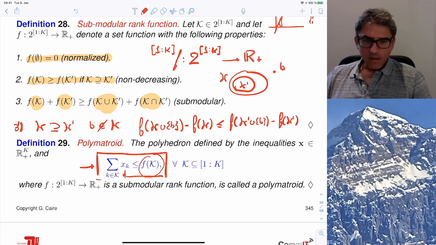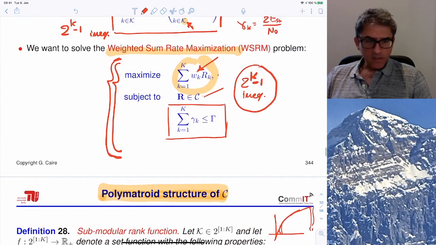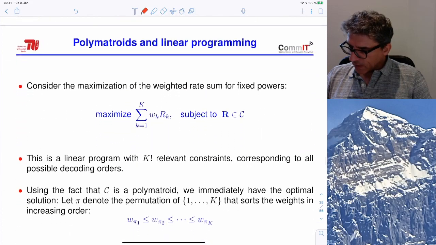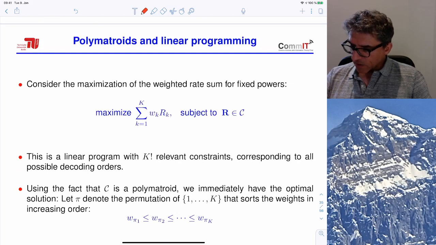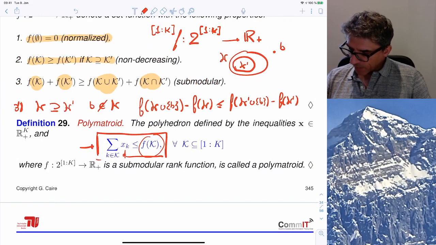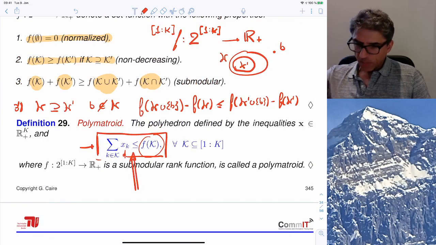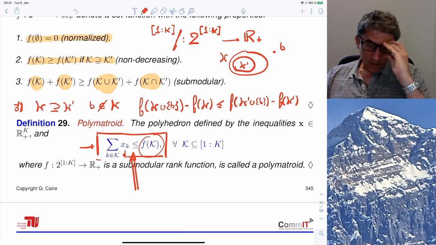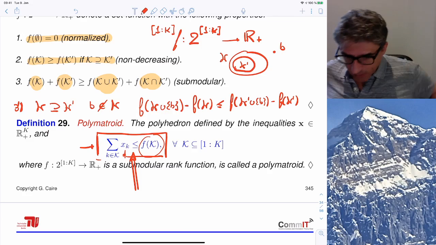So how is this polymatroid property going to help us in solving our weighted sum rate maximization? Well, here is the main result that relates polymatroids and linear programming. Notice that a polymatroid is defined by linear inequalities, because a polytope is always defined by bounding hyperplanes. So it is the intersection of half spaces.